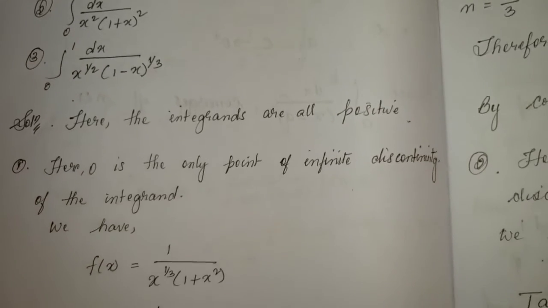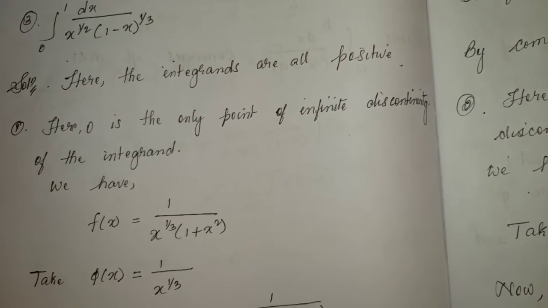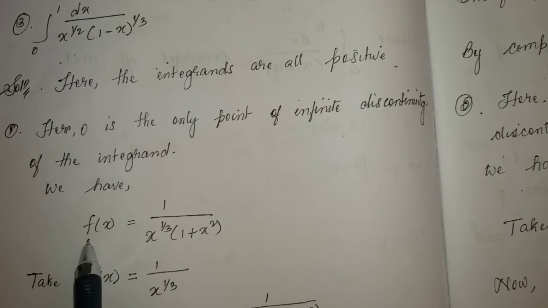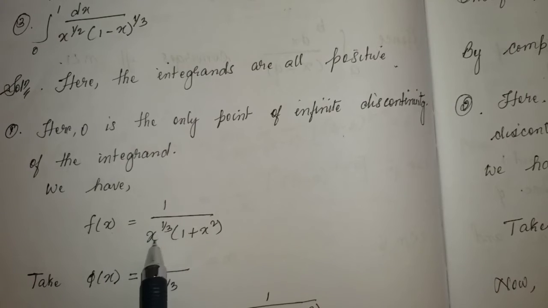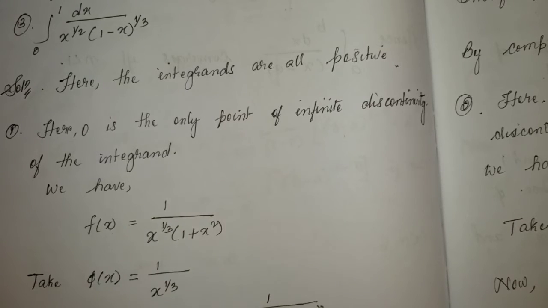For the first example, here is your integrand f of x: 1 by x to the power 1 by 3, then x into 1 plus x square. Here 0 is the only point of infinite discontinuity.